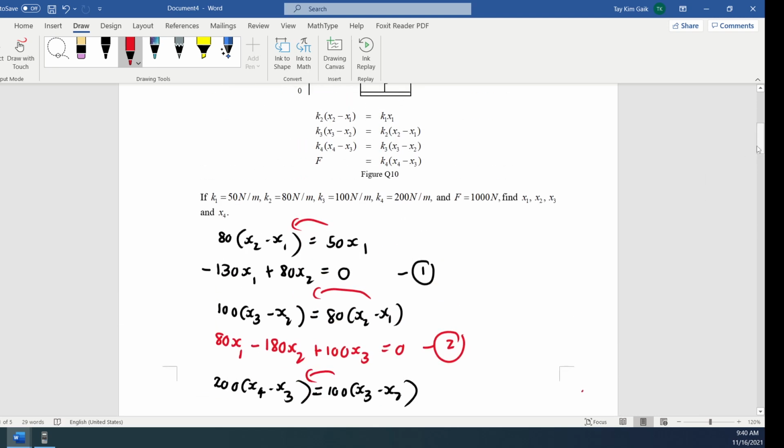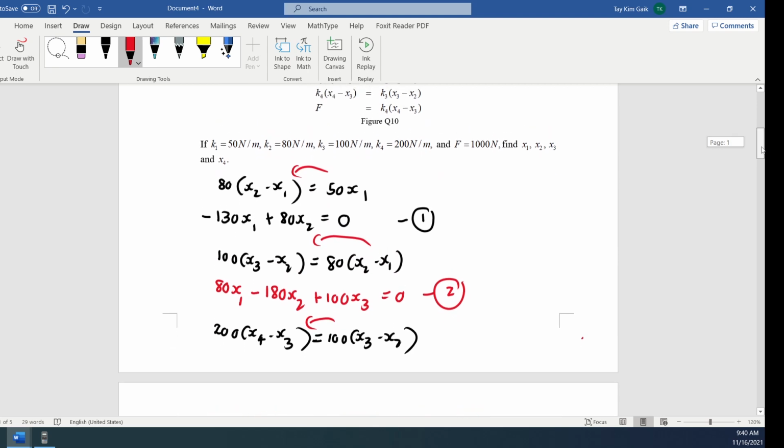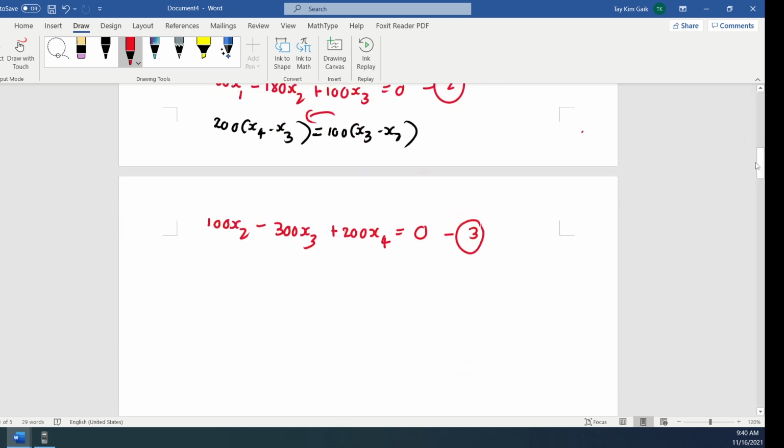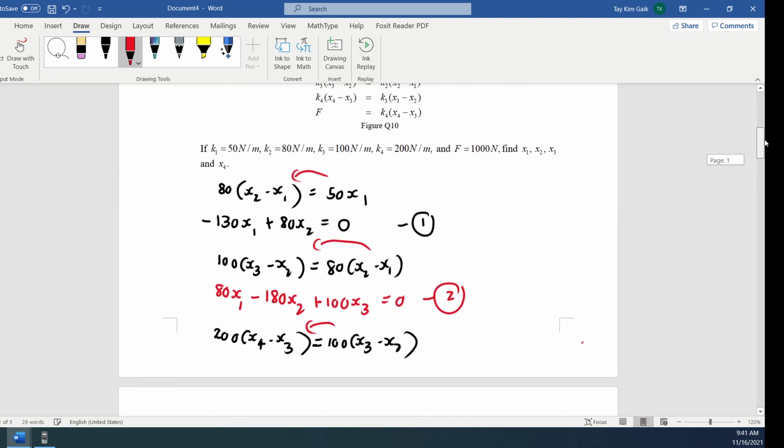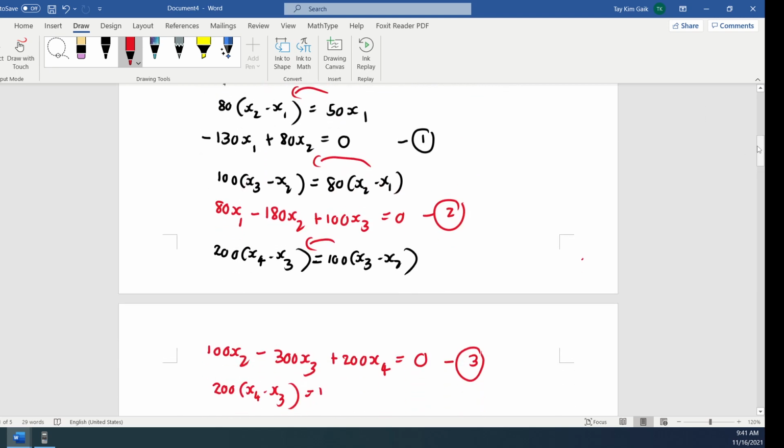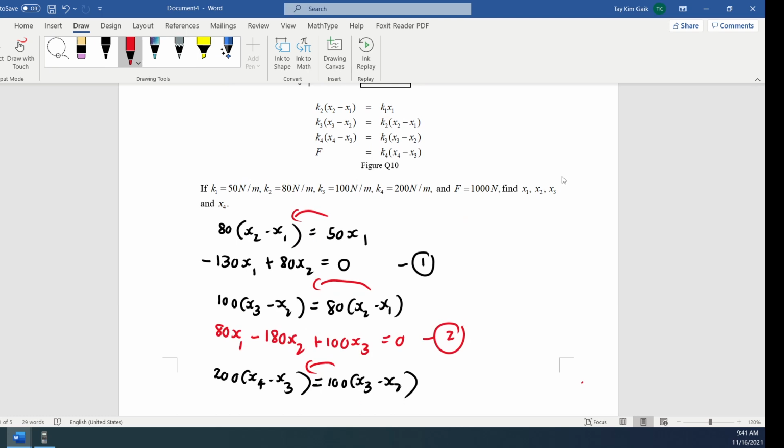Equation 4: F, so plug in F, 1000. K4 is 200, so 200 times (x4 minus x3) equal to F. F is 1000, right? 1000.